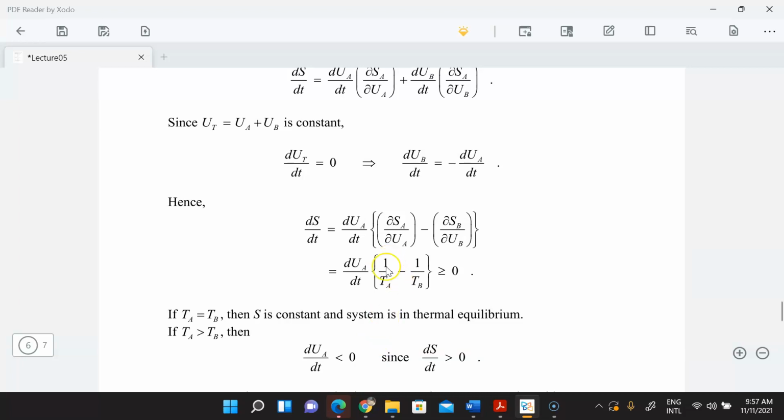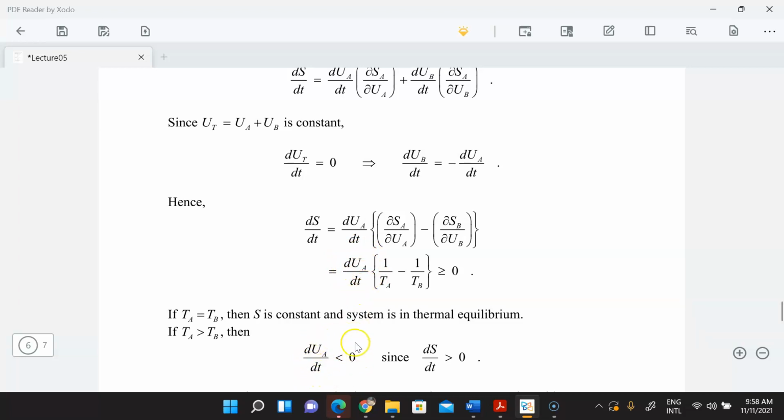Okay, great. So you can see that T_A is bigger, so 1 over T_A is smaller, and 1 over T_B is bigger. So this will be negative, but you want this to be positive. In other words, the only way this can be positive is to make dU_A/dt negative.